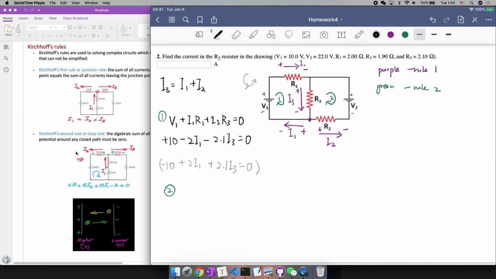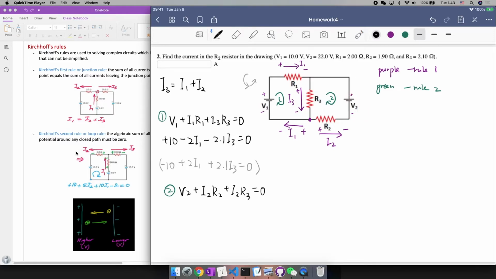Loop 2 is V2 plus I2R2 plus I3R3 equals 0. Alright, so let's look at V2. V2 goes this way, V2 goes down. Going from higher to lower, it is a loss.